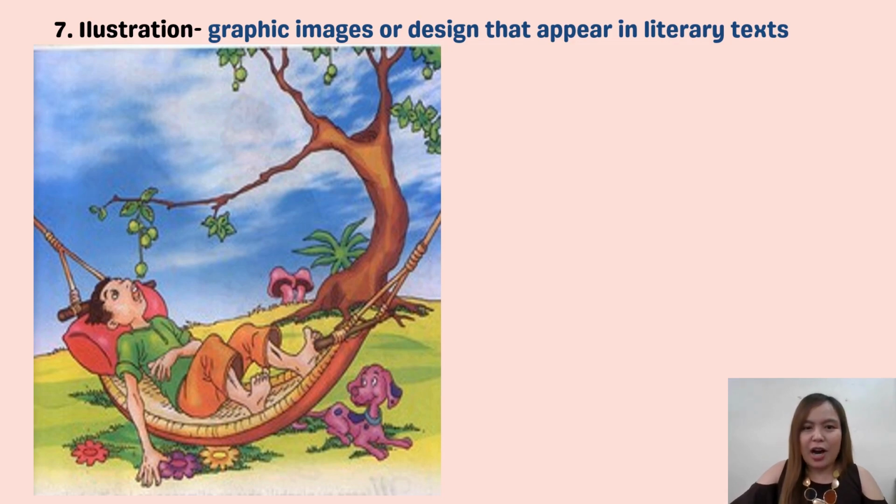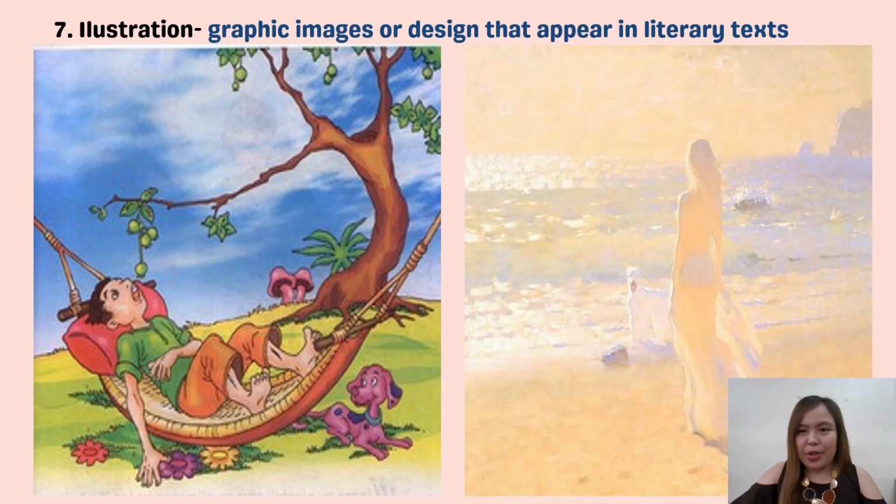You can see the elements or the characters or the objects here being defined by black borders, right? Compare that with this picture of a lady who seems to be on the beach. The first one looks so cartoon-like, the second looks surreal.